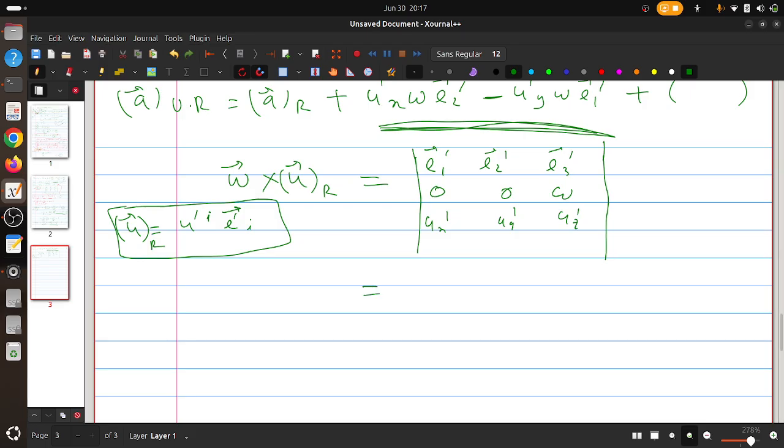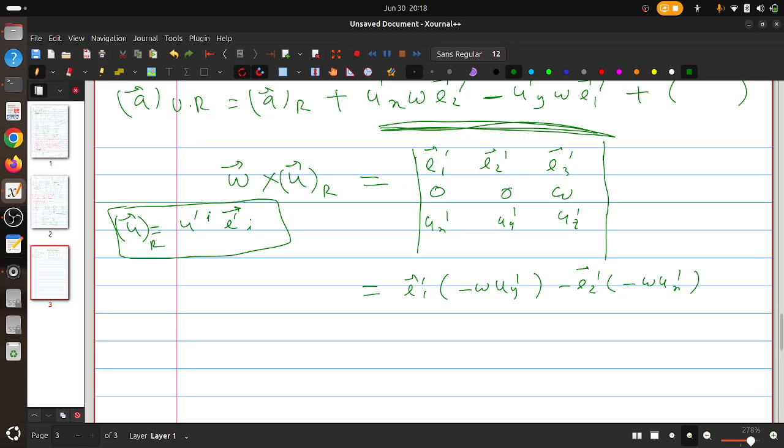So it will be minus omega uy prime e1 prime, and minus e2 prime, this will be minus omega ux prime.